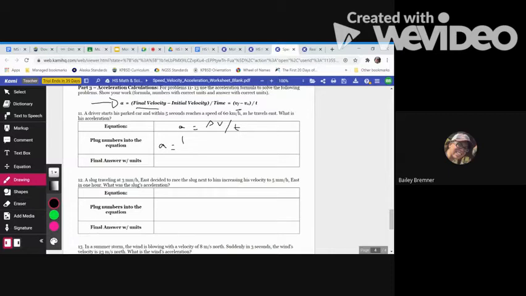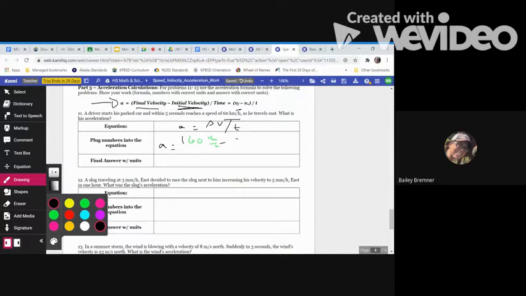So you'll notice that he starts from a parked position, and his final speed, he reaches a speed of 60 kilometers per hour. So his final velocity is 60 kilometers per hour. His initial velocity, that's where he started.